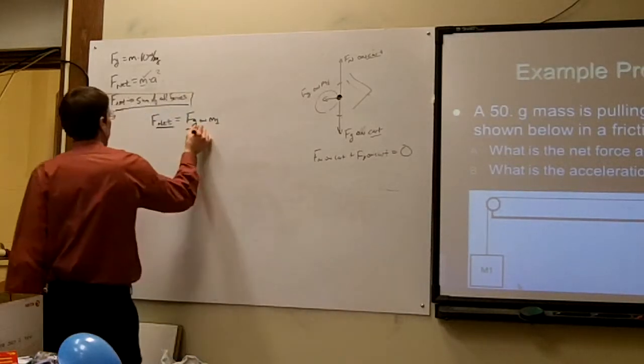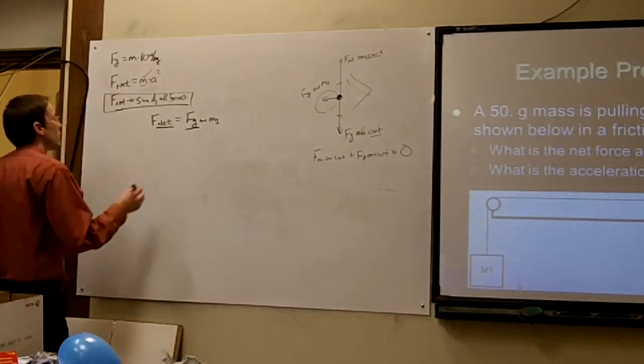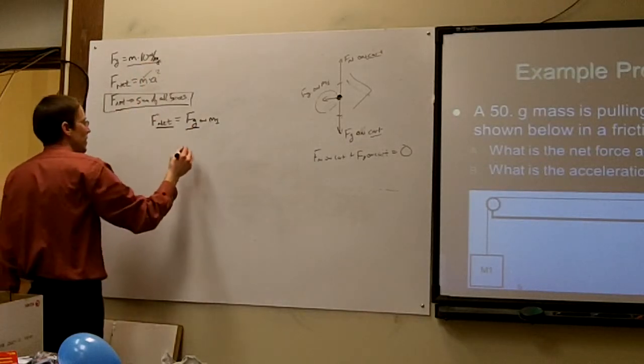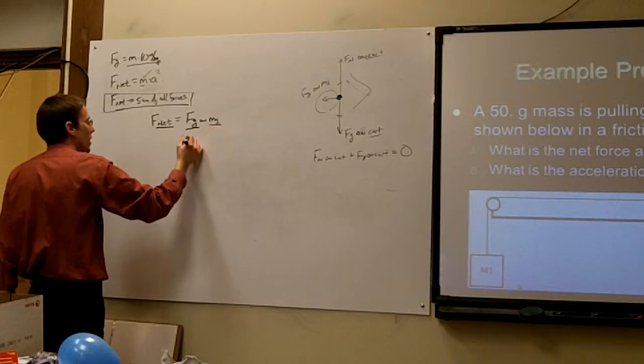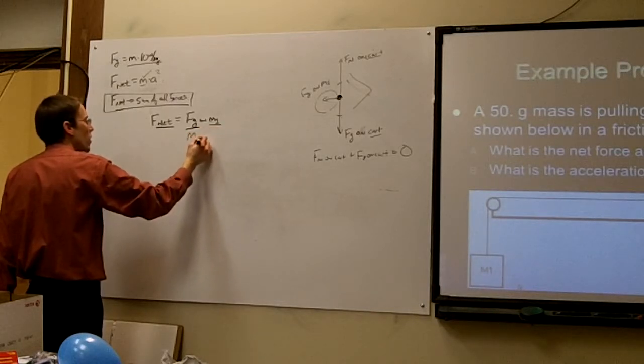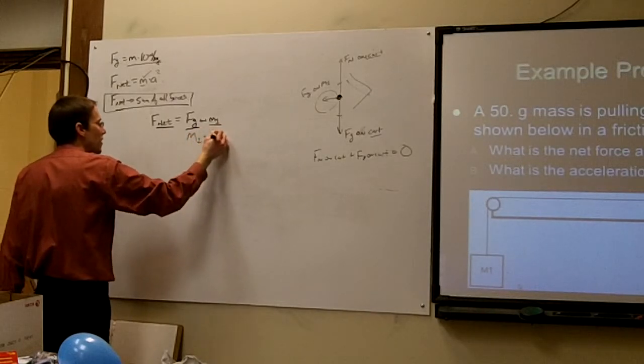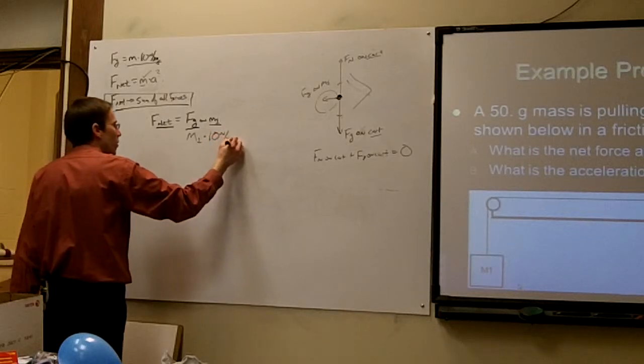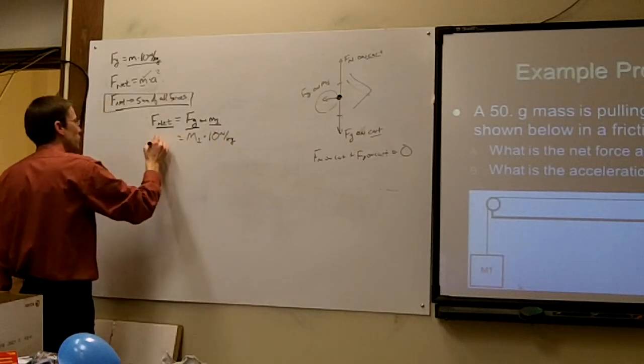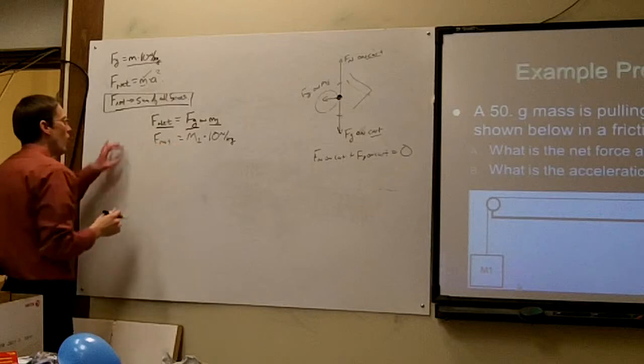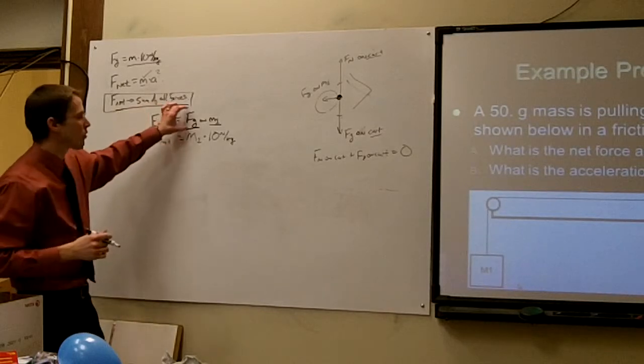So do we have an equation for Fg? Yes. Mass M times 10. But it's of M1. So M1 times 10 newtons per kilogram is equal to our force net. Not always will force net equal your force gravity.